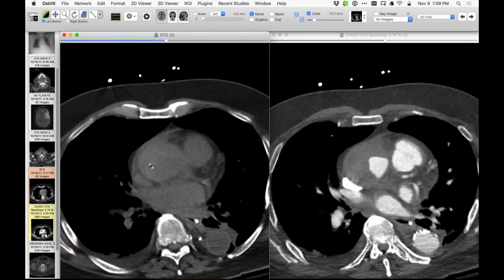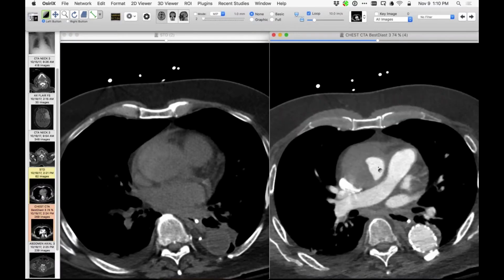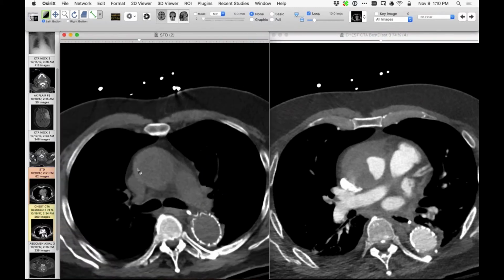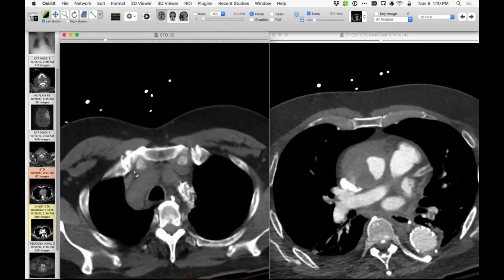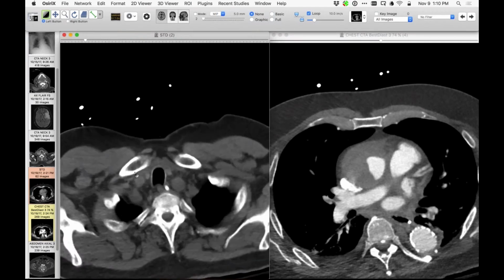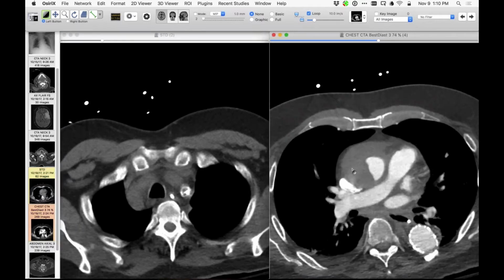And it's rather extensive here in the ascending aorta going down to the aortic root. And you can see the extent of opacification of the lumen of the aorta there and the extensive mural abnormality. So he has quite an extensive intramural hematoma involving the aorta, but also involving the innominate artery and the left carotid artery as well. So that was something of a surprise.